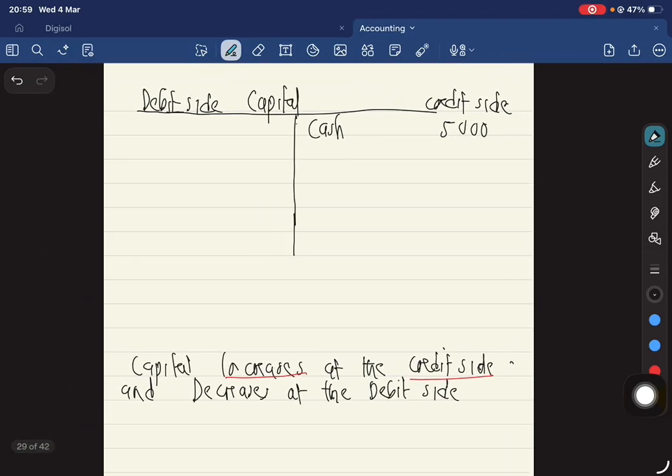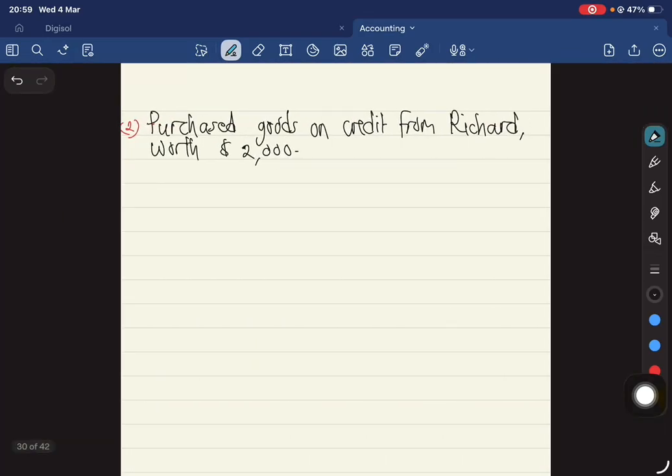Now let's see if you can answer question 2. It said purchased goods on credit from Richard worth 2,000. So let's identify the accounts involved in this transaction. We purchased goods, so we need to open an account for purchases, and Richard.